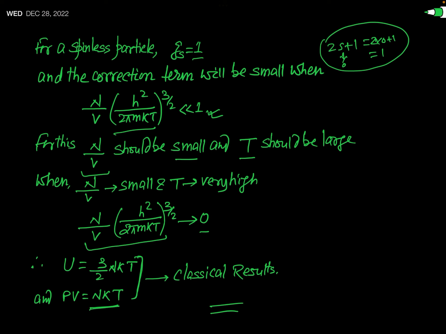So when N by V is very small and temperature is very large, the energy expression and the equation of state of a Bose gas are exactly the same as those of a gas obeying Maxwell-Boltzmann statistics.